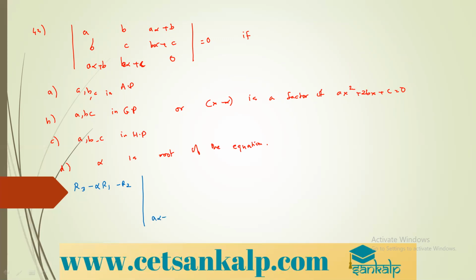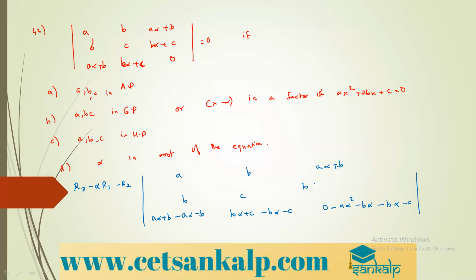We will have a alpha plus b minus a alpha minus b, b alpha plus c minus b alpha minus c, then 0 minus a alpha square minus b alpha and minus b alpha minus c. R1 and R2 remain the same.